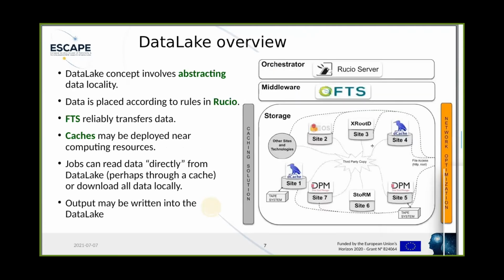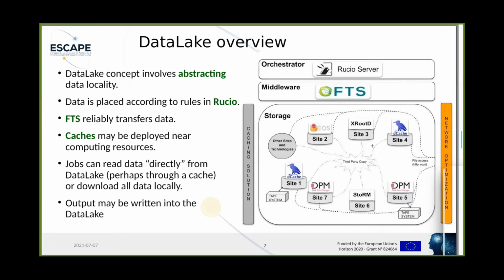So that's the activity within ESCAPE, and with the data lake itself, this idea of federating storage capacity. The key idea is to abstract where data is located, so that as a scientist, you don't need to know, or shouldn't need to know, where data is located. The system itself should take care of that, provided you give it some input about what you want.